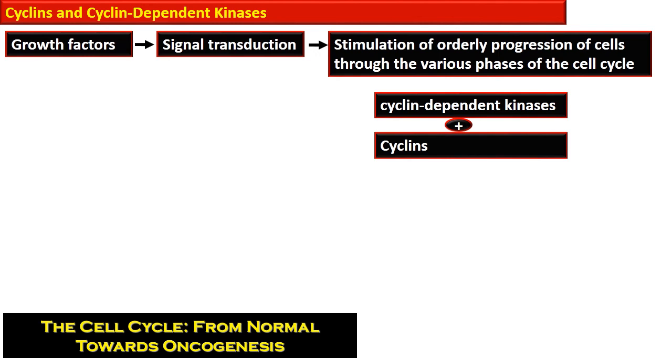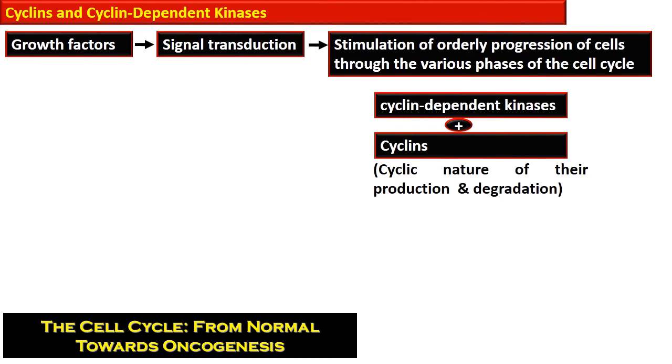The binding with the cyclin activates the cyclin dependent kinases. These were described by Timothy Hunt in 1982, and they are named after the hobby of the scientist, that was cycling, and so they are named cyclin.